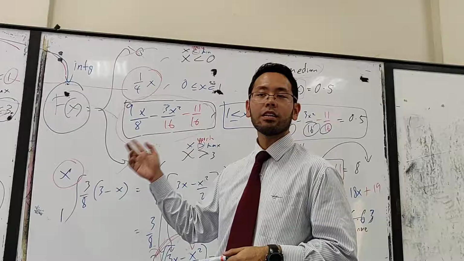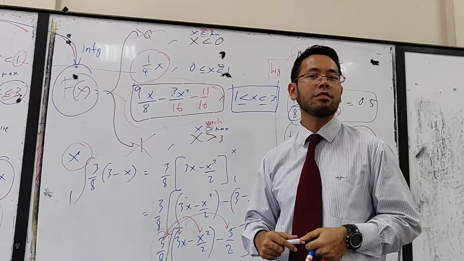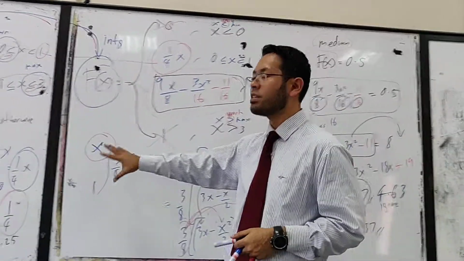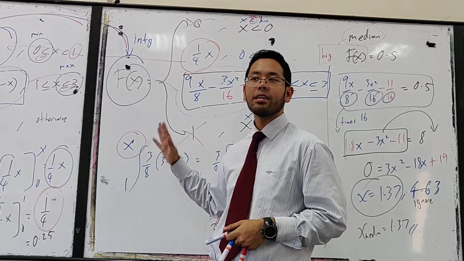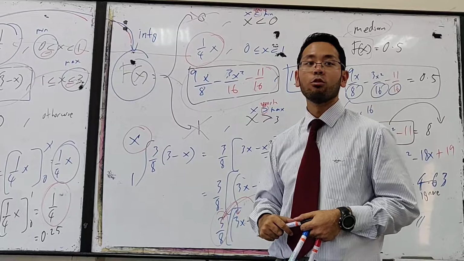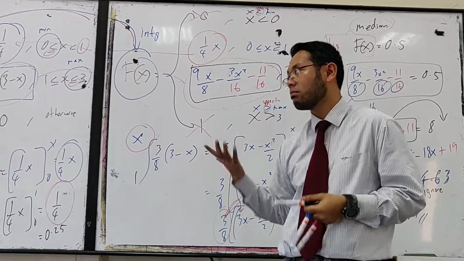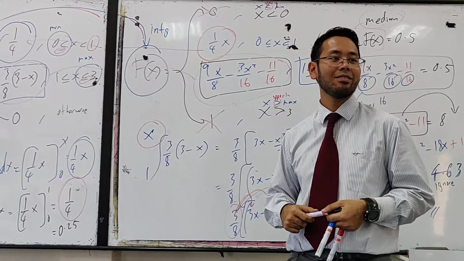But for this topic, there are a lot of steps, but the calculation is not that difficult. If the integration is basic, it's not as difficult as the integration topics. So I can say that this topic is doable. It looks long, it looks scary, but you just need to remember the steps and you'll be fine, inshallah.